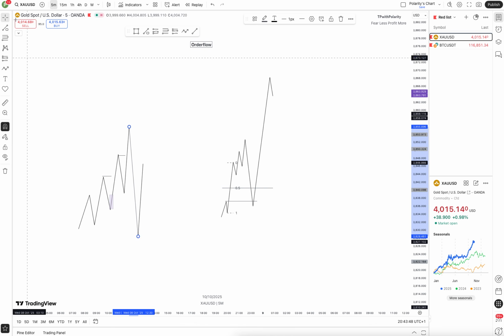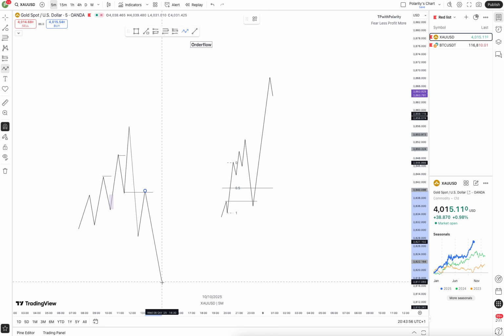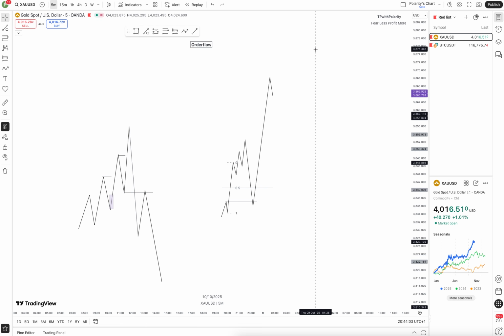All I have to do is use this last liquidity created right here to take a sell off, like this. And that's how it works. You don't have to argue with the market. If the market is giving you a very long bearish move, just look for the last liquidity, enter, and then you can make your money.